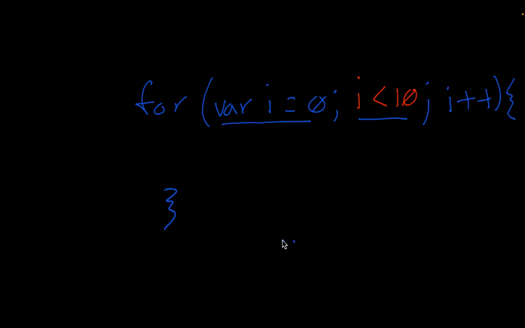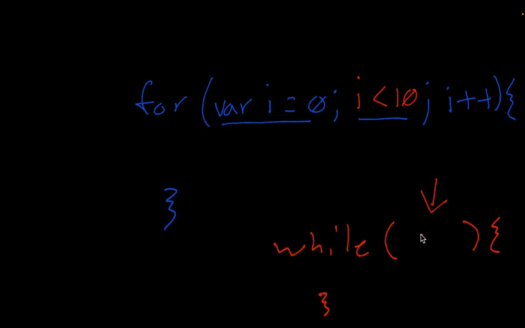So let's create a while loop as well. This area here can be filled with anything, as long as we're checking to see if it's true. And it can have more than one condition.